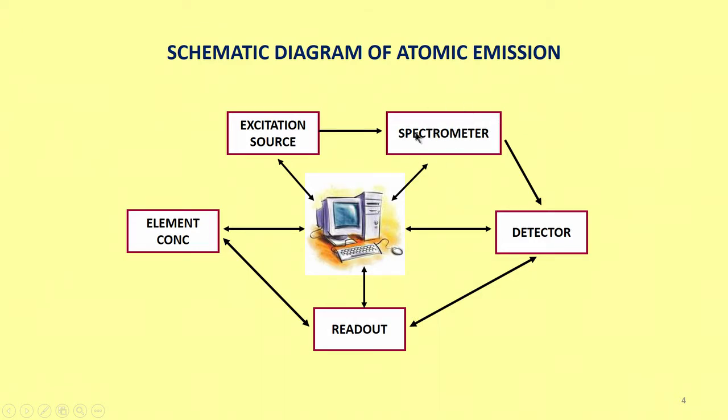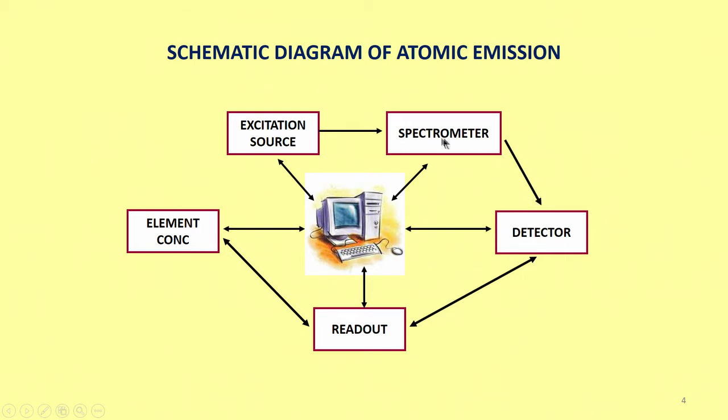Now, once the atoms and molecules get excited in the plasma and they receive the radiation, they also emit radiation that is characteristic of the element. That radiation needs to be detected and quantified. For that we need a photomultiplier or a photodiode array detector.